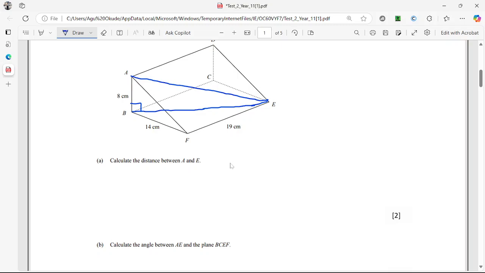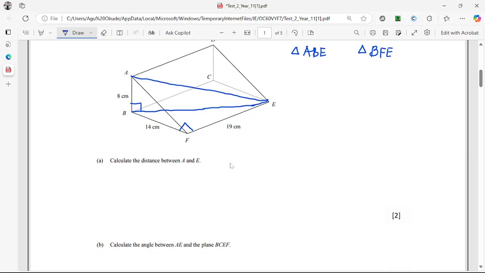Then I'm seeing triangle ABE. I'm also seeing triangle BFE, right? In triangle BFE, the angle at F is 90 as well, because the base is a rectangle, of course.